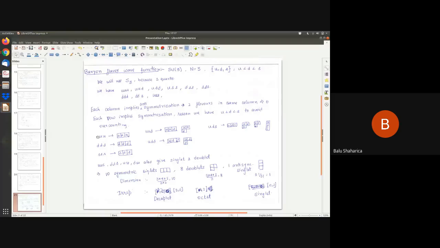I'm just writing a combination inside S3's irreps, and these UUD, UDD, and the other combination where I have 2 of the same quarks and the other is different.